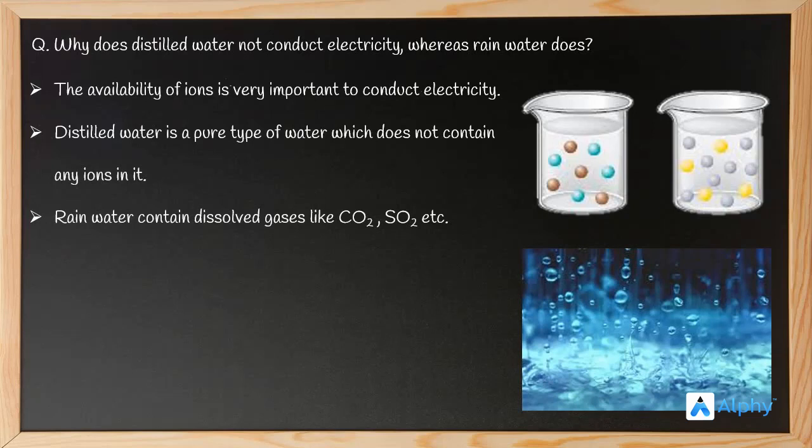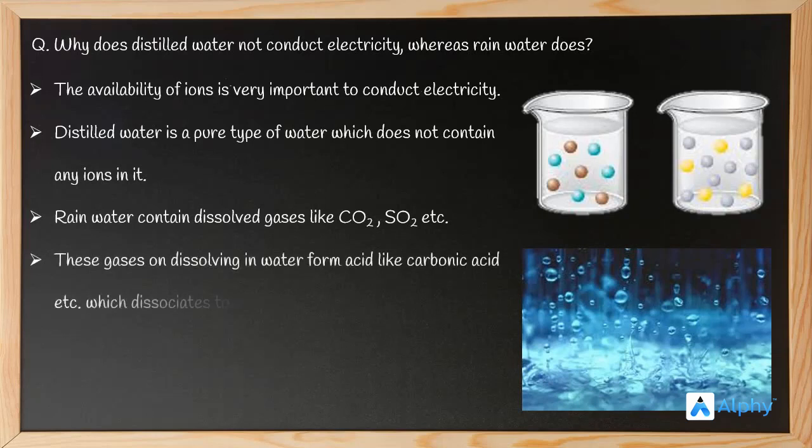These gases on dissolving in water form acids like carbonic acid, etc., which dissociate to give ions. So now you know that CO2 and SO2 are dissolved in rainwater, right? After they dissolve, they form different acids such as carbonic acid, and these acids dissociate.